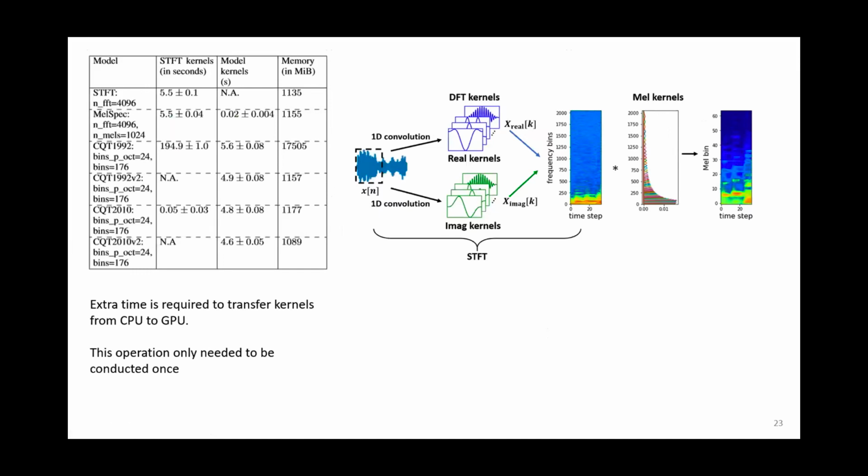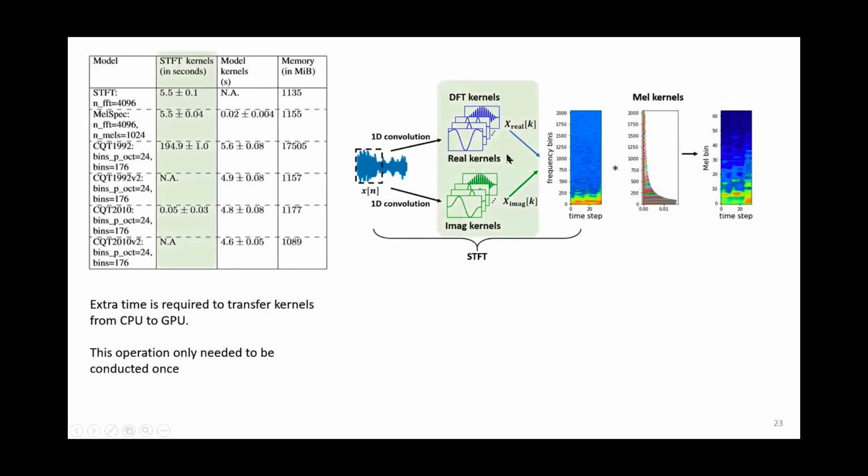When you use nnAudio and do the audio processing on GPU, there's one thing you need to remember: it takes time to initialize all the kernels. For example, for STFT, there are a sine kernel and also a cosine kernel, so it takes around 5 seconds to initialize these kernels.